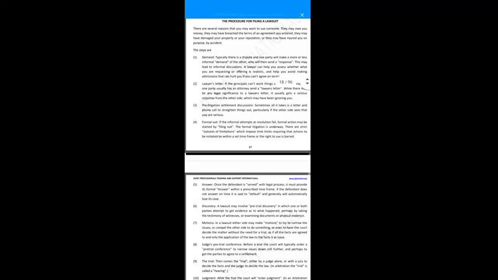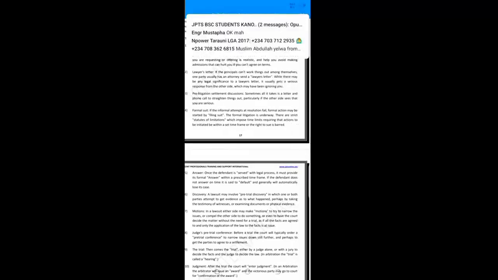Let's look at the next one, discovery. A lawsuit might involve pretrial discovery in which one or both parties attempt to get evidence as to what happened, perhaps by taking the testimony of witnesses or examining documents or physical evidence.